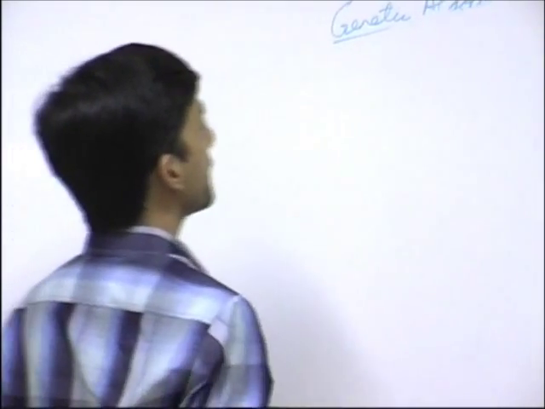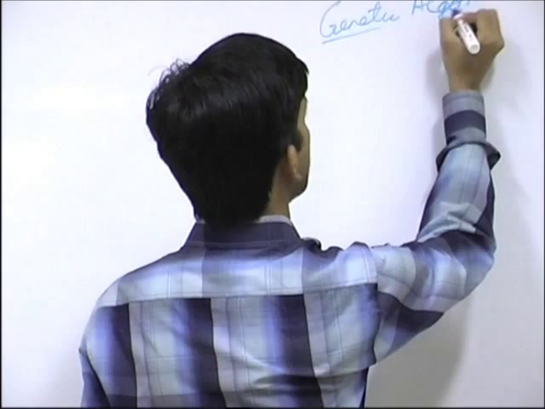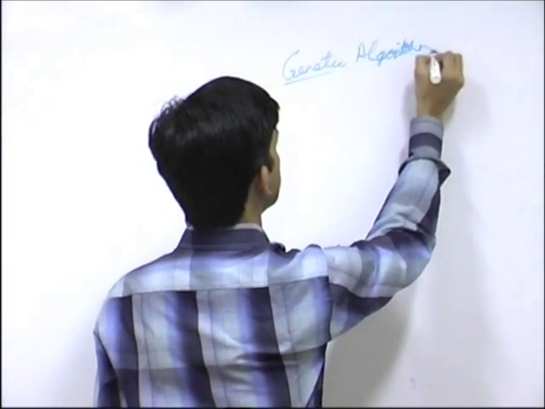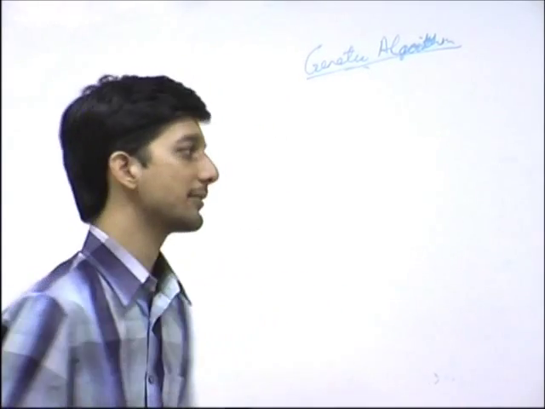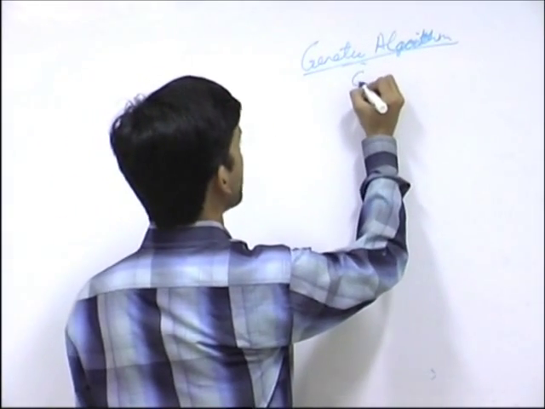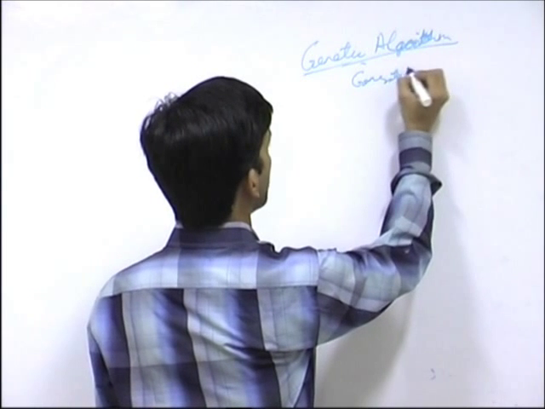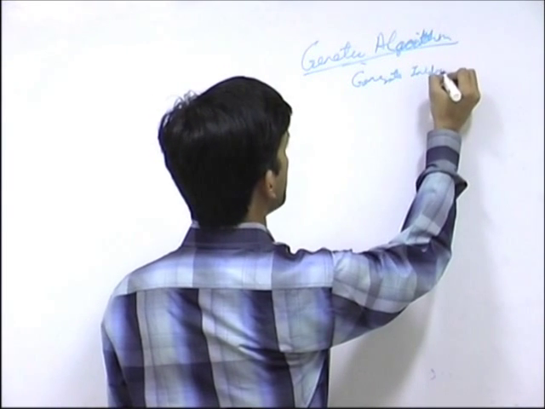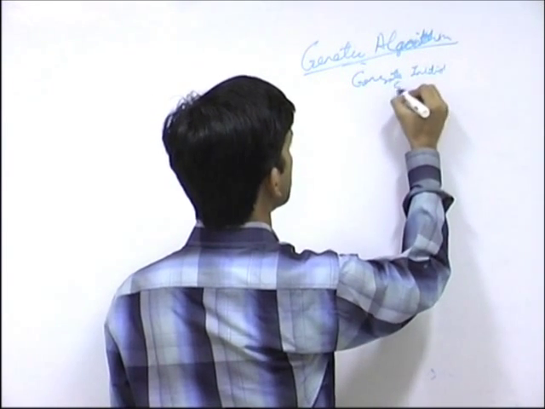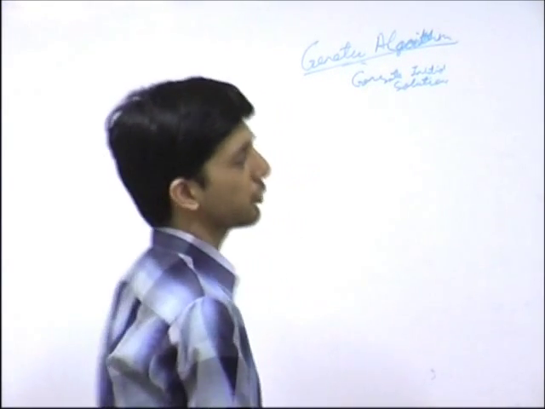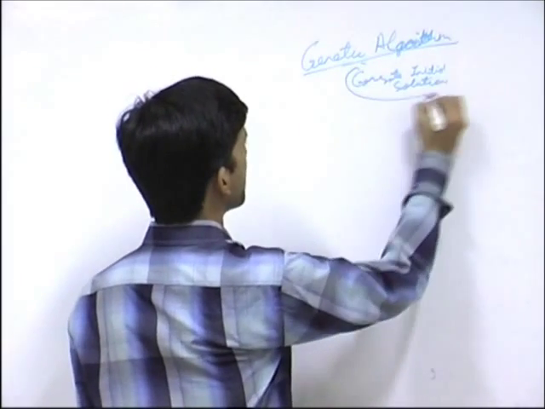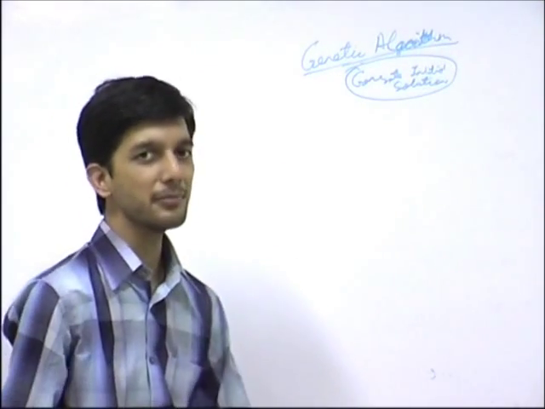So we start off the process of writing a genetic algorithm. The basic algorithm only states that I generate initial solutions, similar to evolutionary computing. So I've got some set of solutions already that solve this kind of problem.